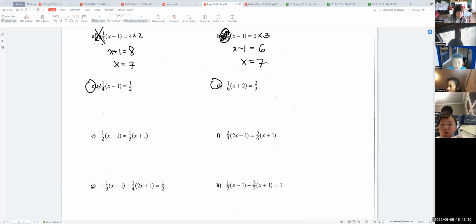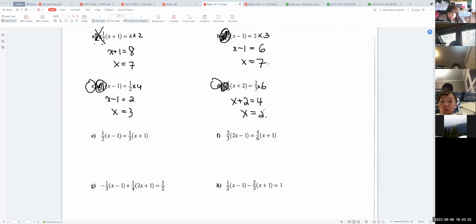So times 4 times 4. So this one's gone. So x minus 1 equals 2, x equals 3. Okay, so times 6 times 6. So this one's gone. So x plus 2 equals 4. So x equals 2. Don't you think the teacher's method is good? We do the hard part first and then the rest is very easy. Okay, so E and F.